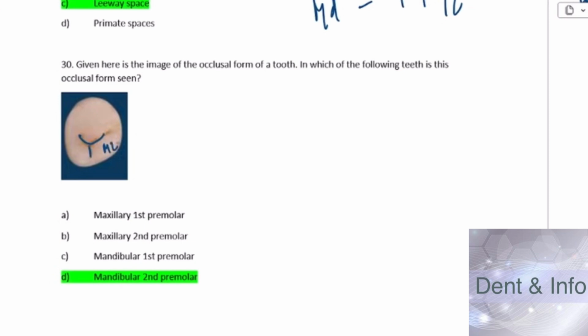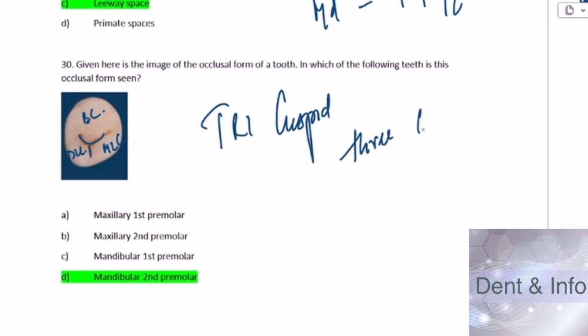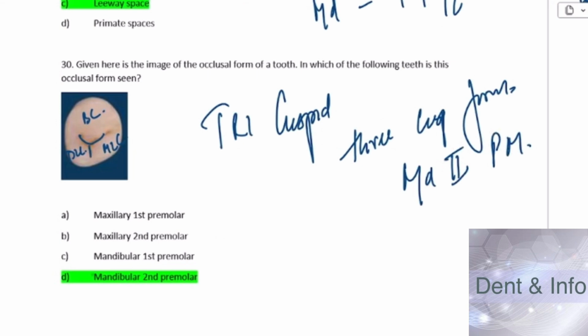Here there is a mesiolingual cusp, a distolingual cusp, and a buccal cusp. So this is the tricuspid, three-cusp form of the mandibular second premolar.